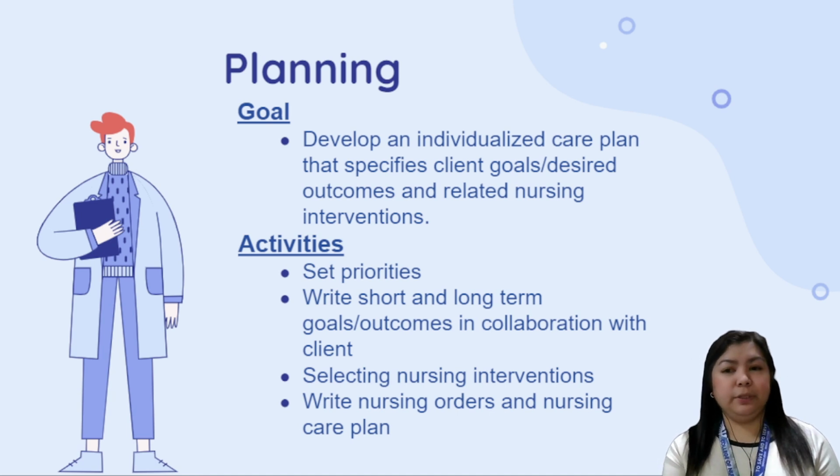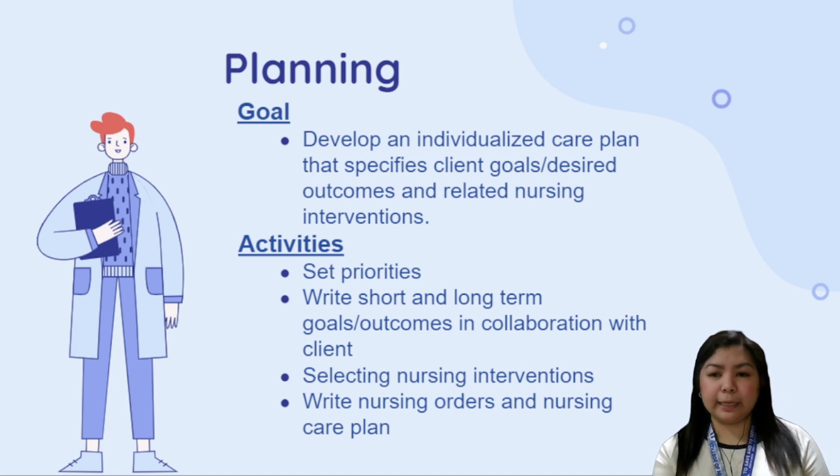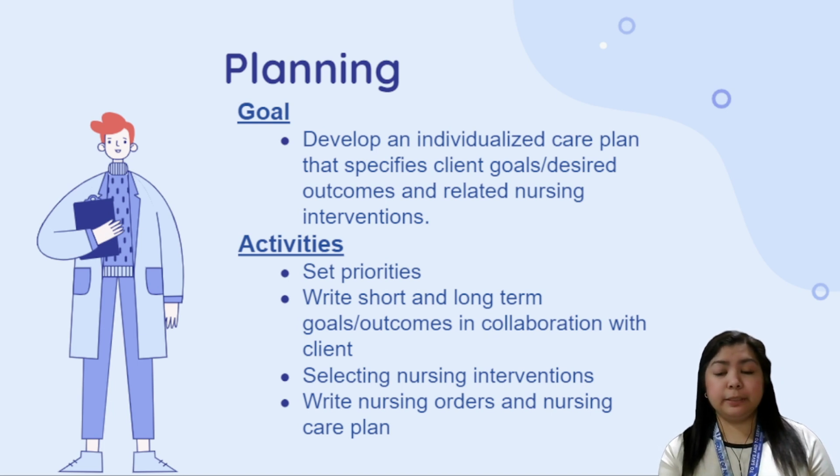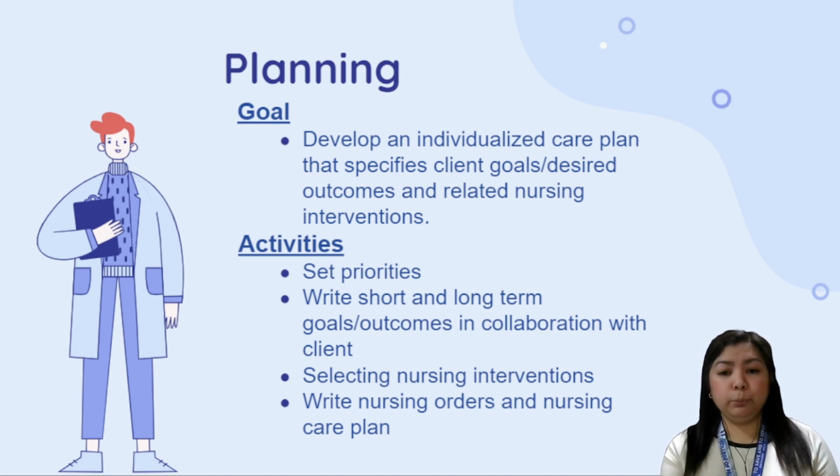You write the short and long-term goals or outcomes in collaboration with your client. Select specified nursing interventions that would achieve your written goals and objectives. And then of course you write nursing orders and the nursing care plan. So basically at this point, this is the writing phase of your nursing care plan.